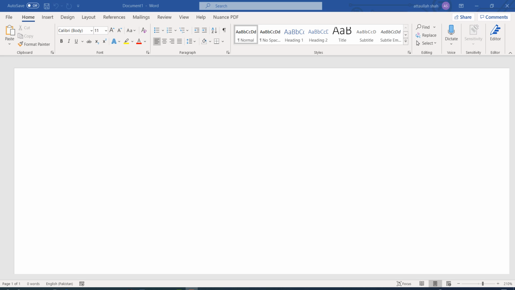In this final lecture concerning the solver function, we are going to find the cost of equity capital using the dividend discount models.